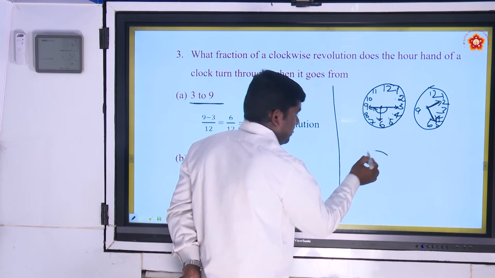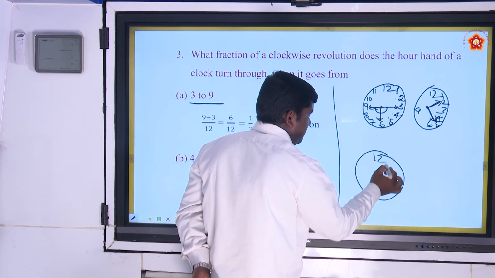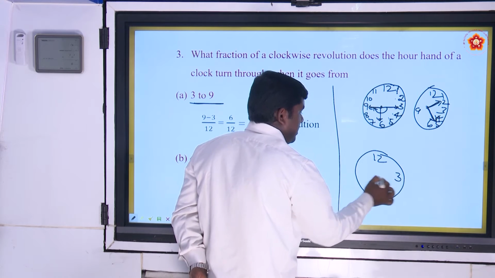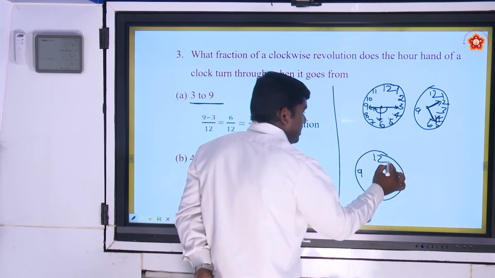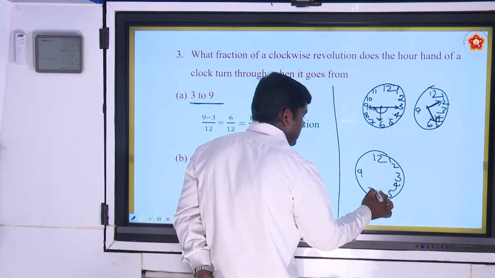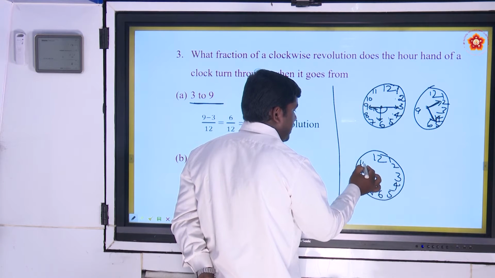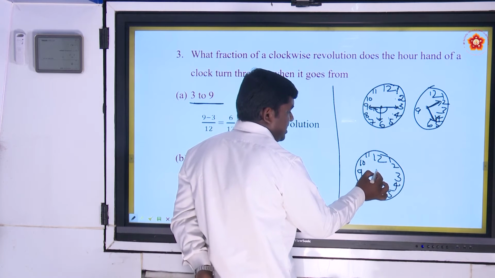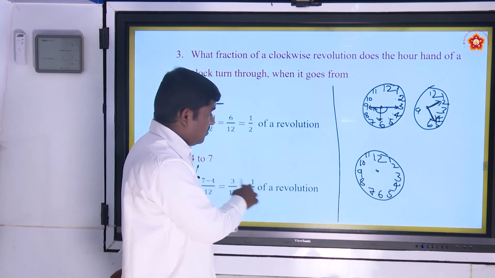Observe here: 12, 6, 3 and 9. Here 1, 2, 3, 4, 5, 7, 8, 9, 10, 11. The clock hand moved from 4 to 7.